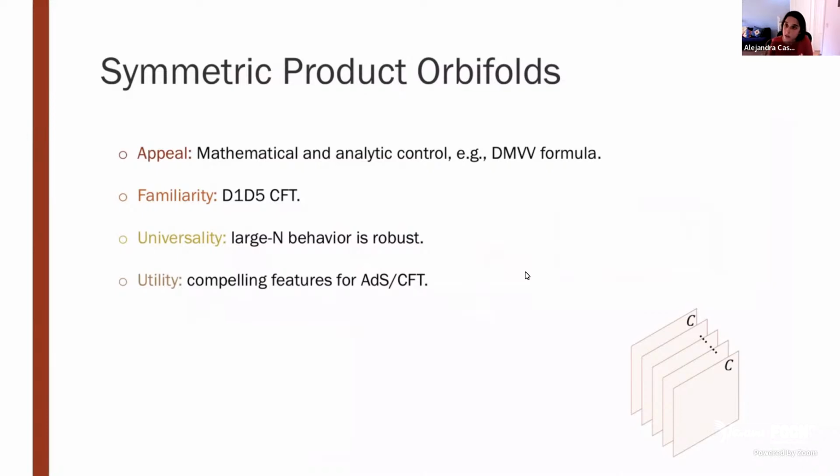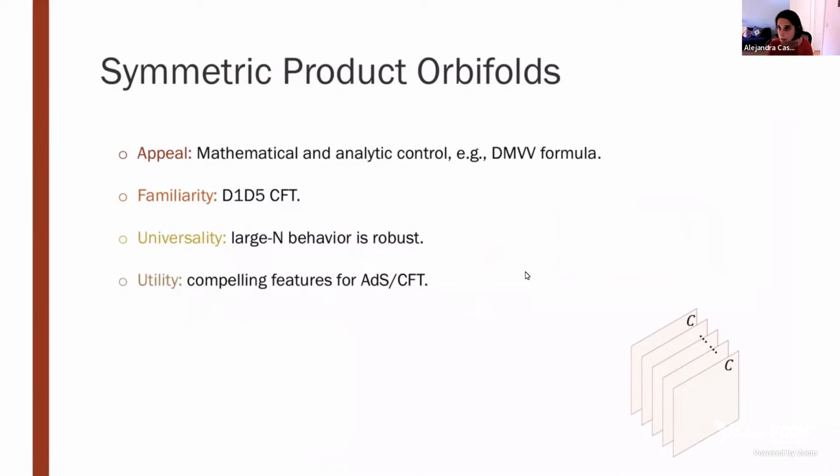So regardless of the seed theory that you have, they have a large N behavior that is quite robust, and we're going to review what those robust features are. And from that point of view, this very robust universality gives us a lot of compelling features in the context of ADS-CFT. Okay, so they comply with a lot of the things that we expect that are true and interesting about the correspondence.